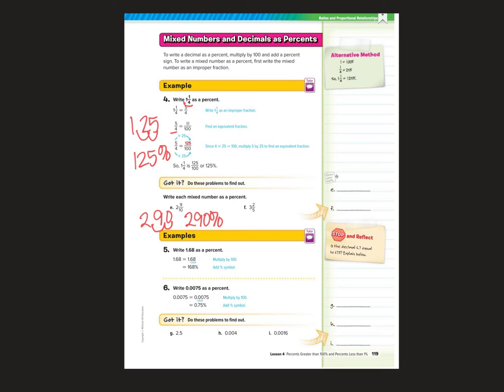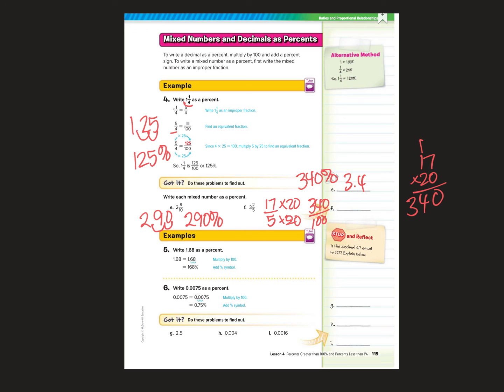Let's circle up. 3 times 5 is 15 plus 2 more is 17/5 multiplied by 20. 17 multiplied by 20 would be 340 over 100, or 340%, and 3.4 in decimal form.